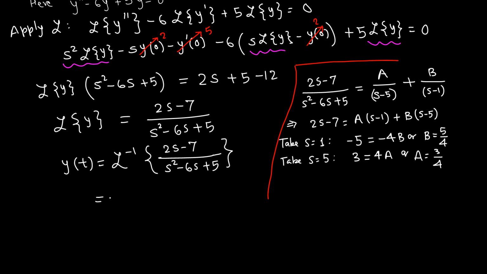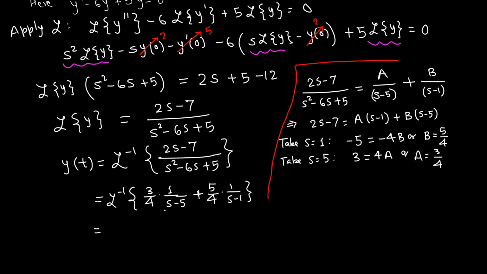This is the inverse Laplace of this, so we can pull A to the front, 3/4 times 1 over s minus 5, plus we can pull B to the front, 5/4 times 1 over s minus 1.